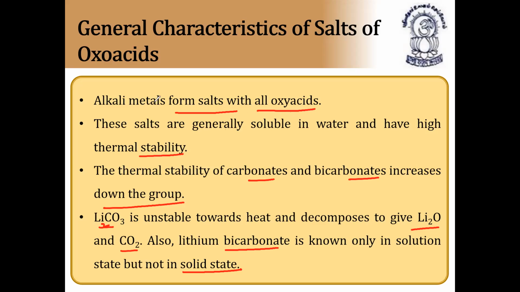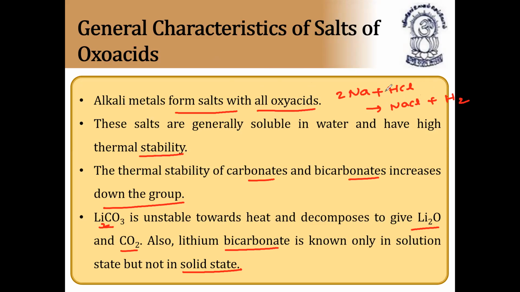Now let us see stepwise. Alkali metals form salts with all oxy acids. For example, sodium metal combines with an acid like H2CO3, carbonic acid, or you can take HCl. It forms sodium chloride along with hydrogen gas.